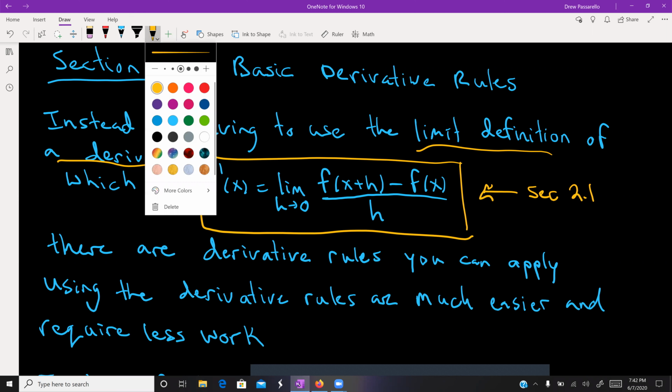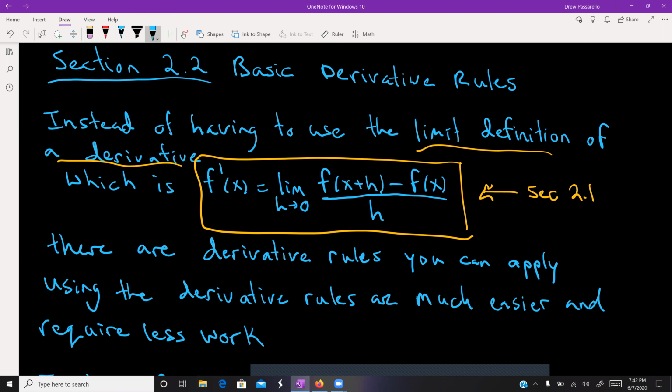Again, we're finding a derivative of a function, and the derivative of a function gives you a different function. That different function will tell you the rate of change of the original function for any point x, which basically translates into the slope of all the tangent lines touching the original function at any point x.